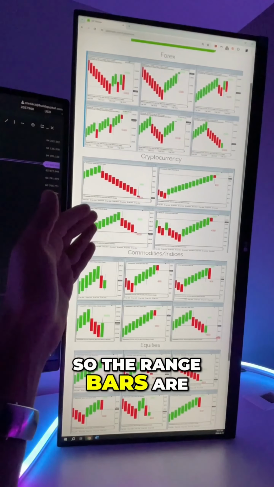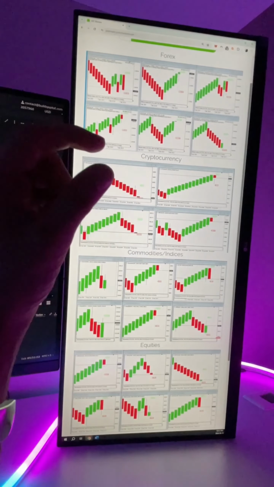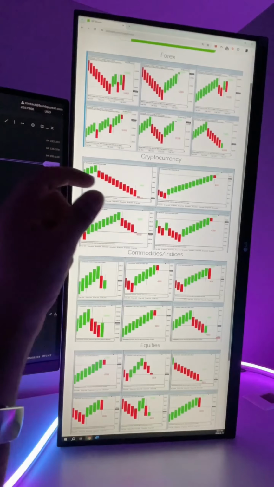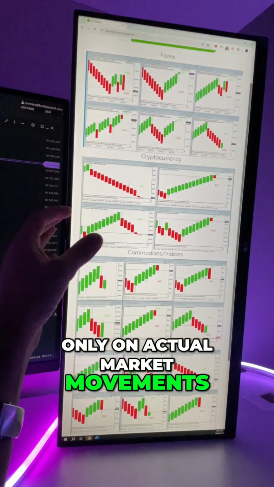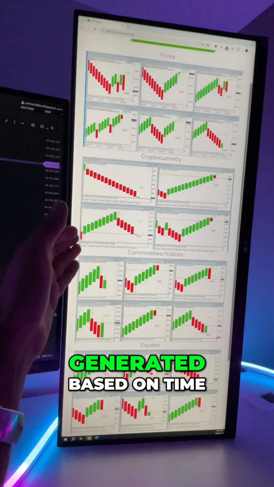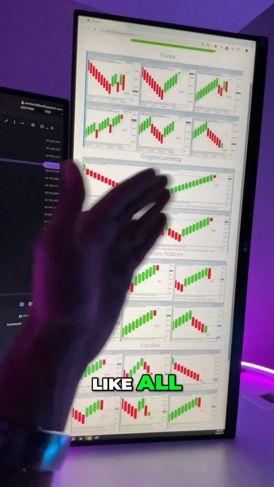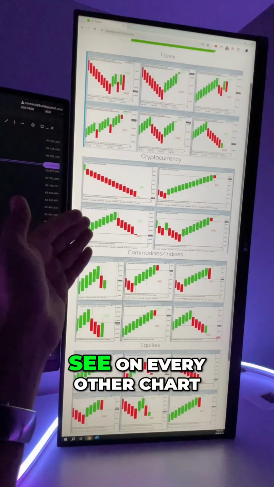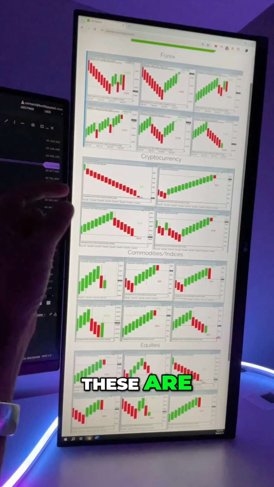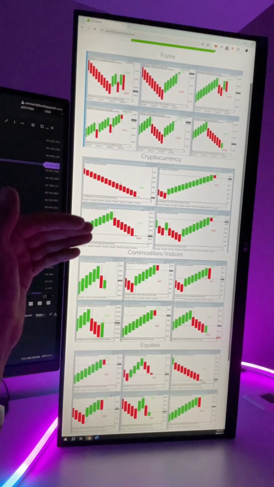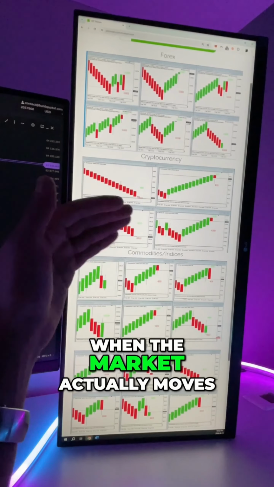Range bars are candles that are based only on price action, only on actual market movements. They're not generated based on time, like all of the other time-based candles that you see on every other chart. These are very special candles that only move when the market actually moves.